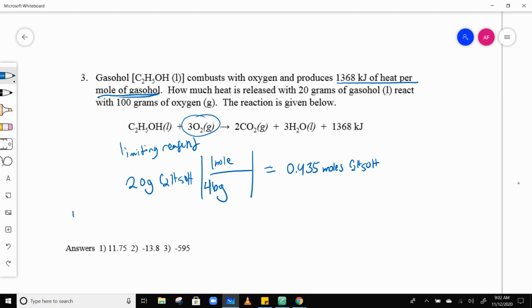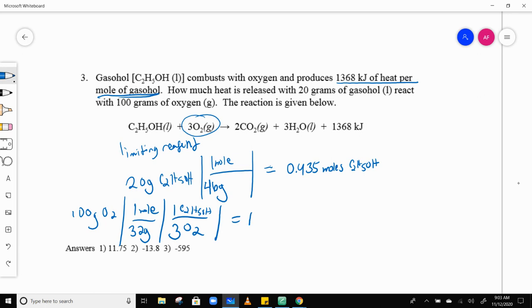So I'm going to take that 100 grams of O2 and convert it to moles, so 1 mole over 32 grams. But then I'm also going to convert it to C2H5OH. There's 1 C2H5OH for every 3 O2. And that'll basically tell us how many moles of C2H5OH are going to be burnt with that much oxygen. So will the oxygen run out first, or will the gasohol run out first? And that's important.